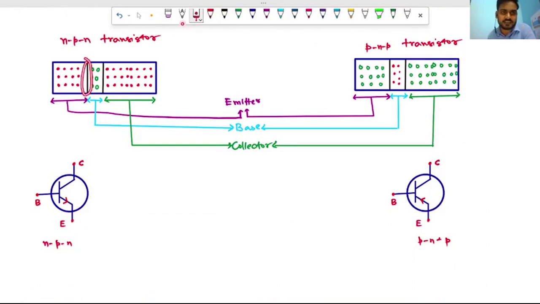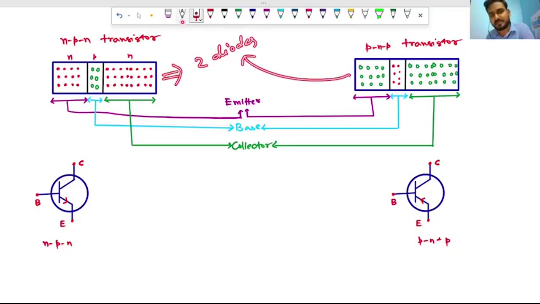This is N type, this is P type, this is N type. So we can see a junction of NP. Here also we can see a junction of PN, isn't it? So basically here two diodes are there. In this case also, for PNP also, two diodes are sandwiched, isn't it?